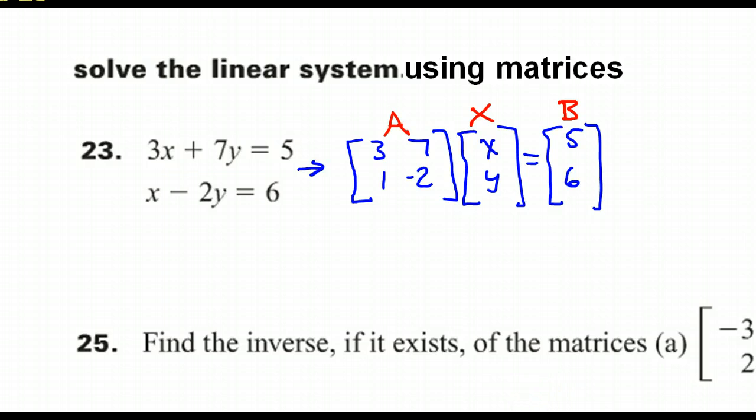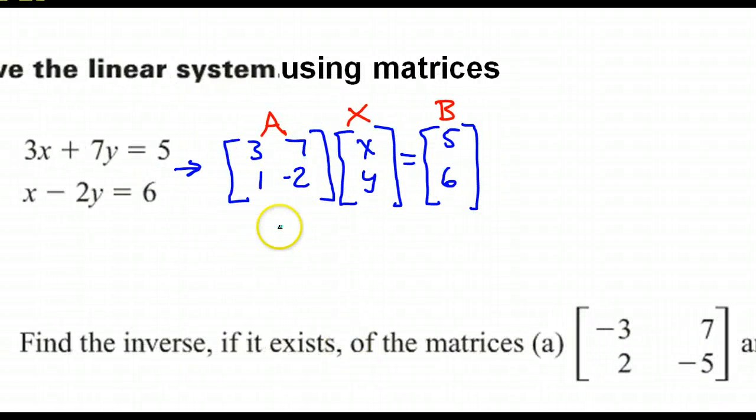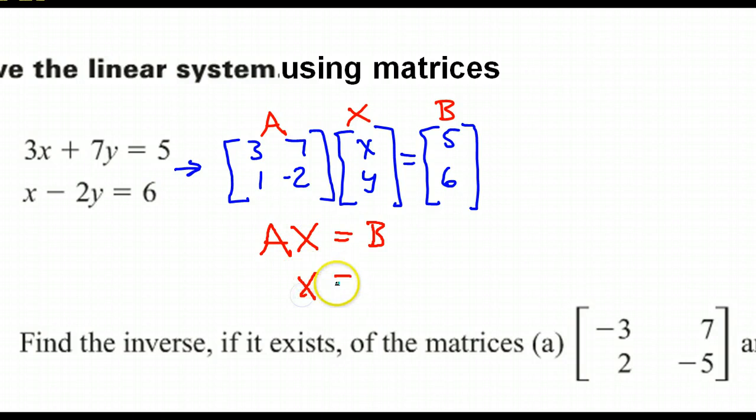Then I want to see the following two equations. So what we have here is AX equals B. Write that down. Now the result of this, if I want to get X by itself, it's going to be like this. X is going to equal A inverse times B. I must see all of this on your paper.